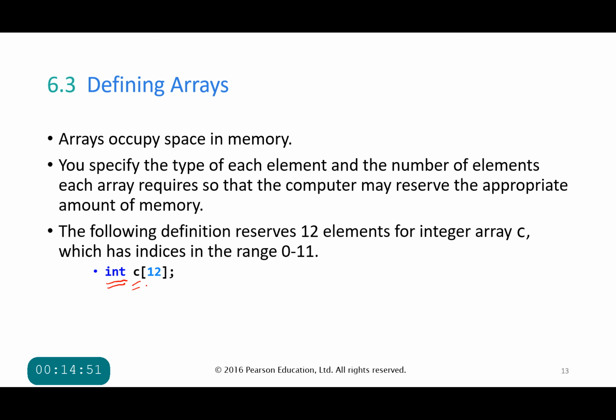Then you follow those by square brackets, and within the square brackets, you specify the size of the array, which in this case is 12. So C is an integer array of size 12.